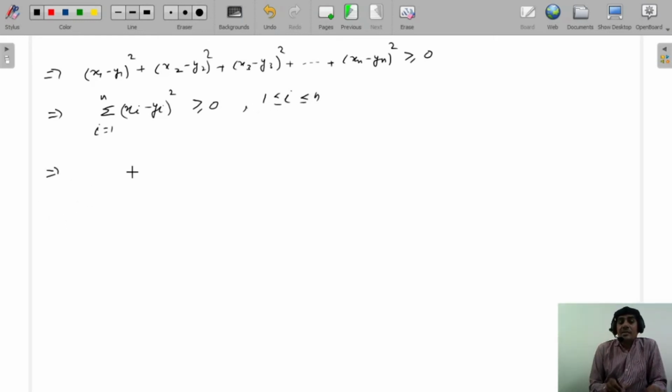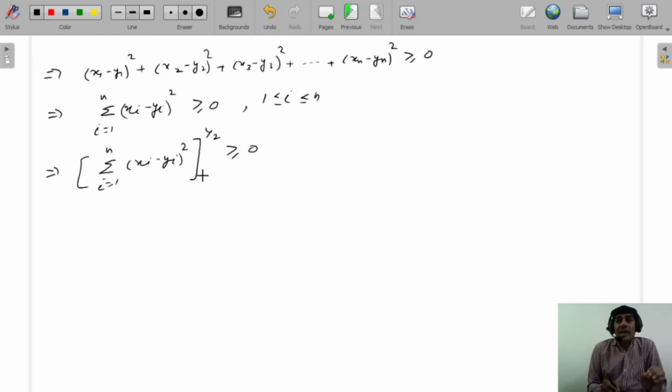This implies its whole power 1/2 is also greater than or equal to 0, because the square root of a non-negative value is again non-negative. This implies d(x,y) ≥ 0 for every x, y belonging to Rⁿ.